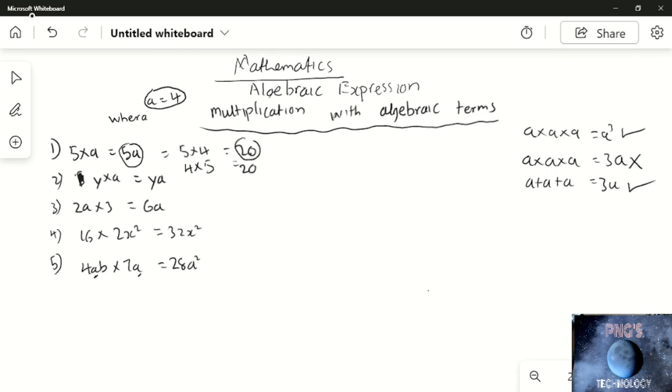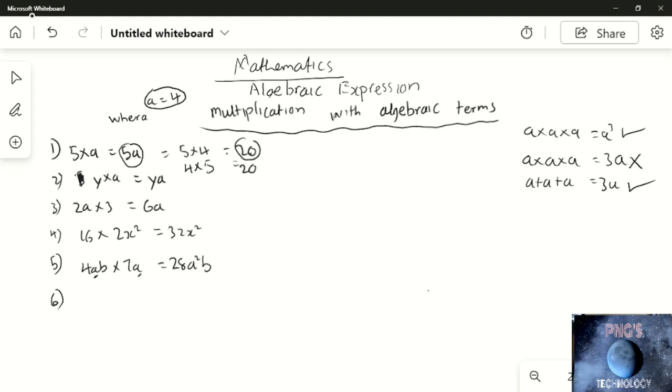So 1 times a is 1a. And ordinarily, a letter multiplying 1 is still the same letter. So b multiplying 1 becomes just b. So we have our answer as what? 28a squared b.